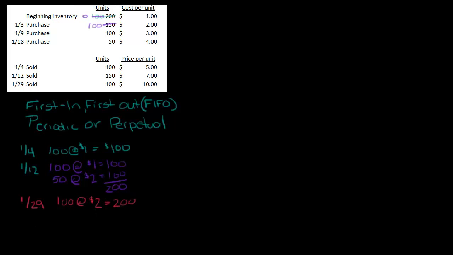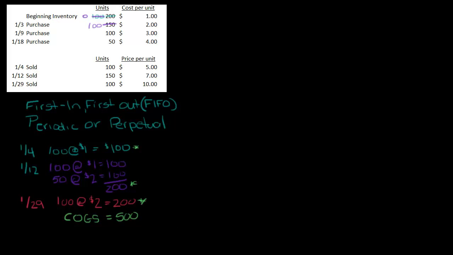Now if I added all this up, my cost of goods sold for the month of January would be 100 plus 200 plus 200. So we could say cost of goods sold equals 500, because that's 100 plus 200 plus 200.